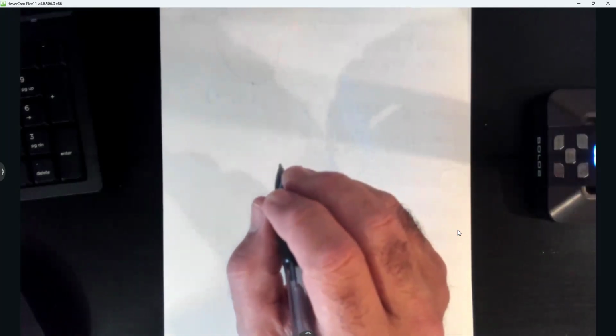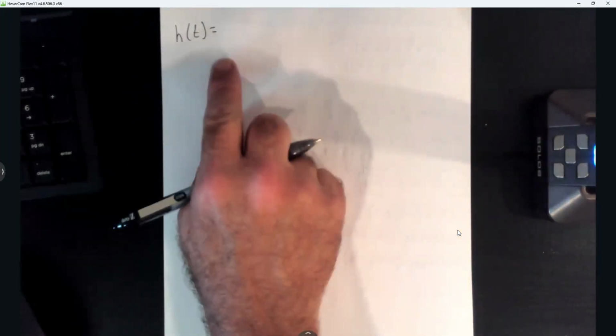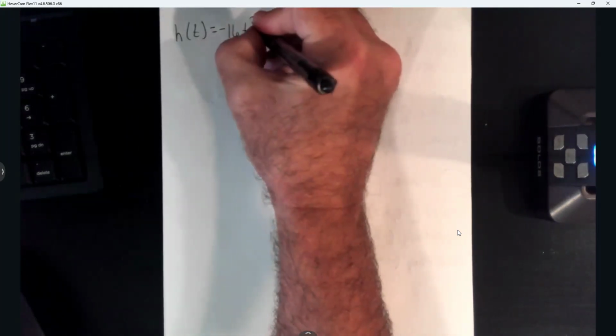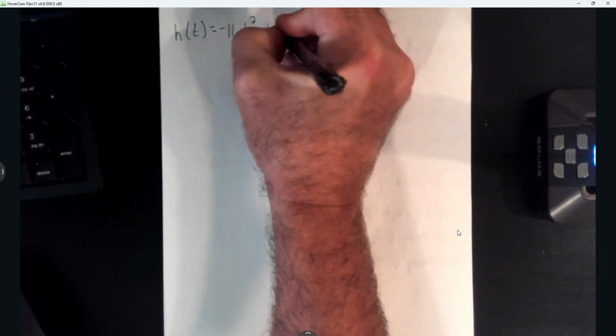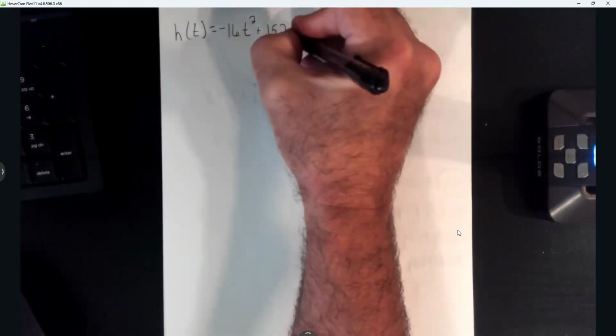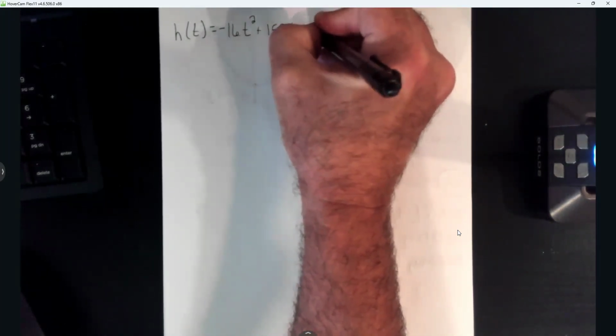The height in feet of the rocket above the ground at t seconds after launch is given by the function h of t equals. So all you got to worry about is this formula. So h of t is negative 16 t squared plus 152 t plus 3.